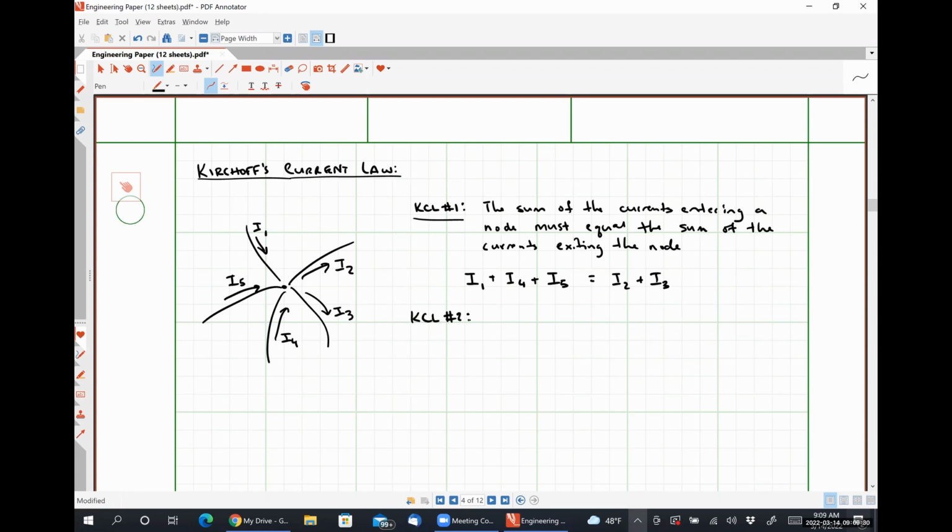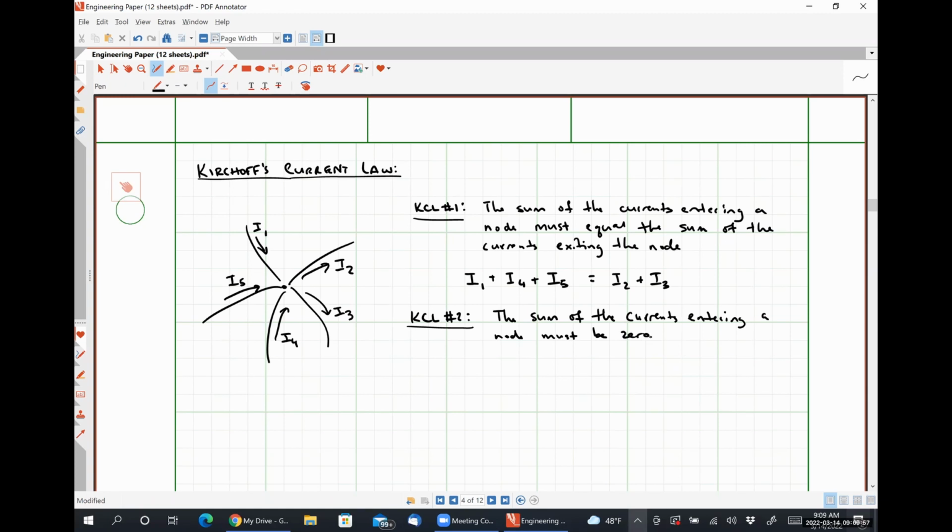Our second formulation says the sum of the currents entering a node must be 0.